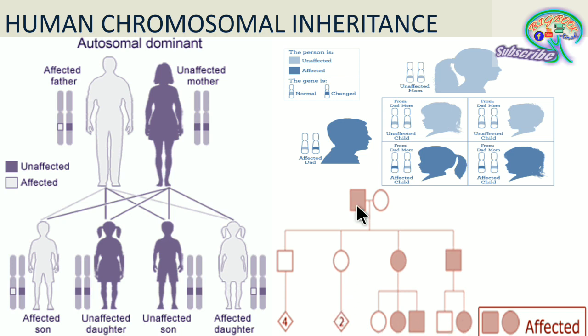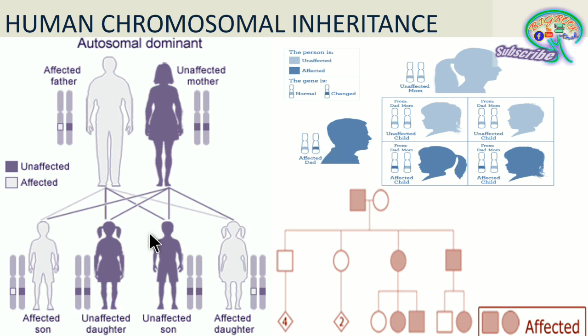So here you can see the first generation, second generation, and the third generation. All these three generations are showing the genetic disorder, so there is no skip of generation. This is what it means.